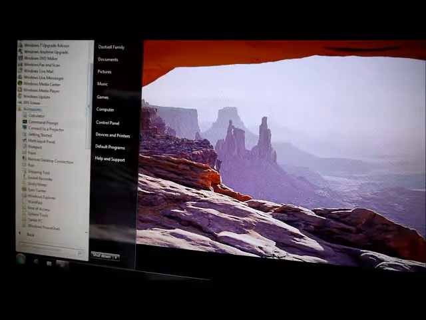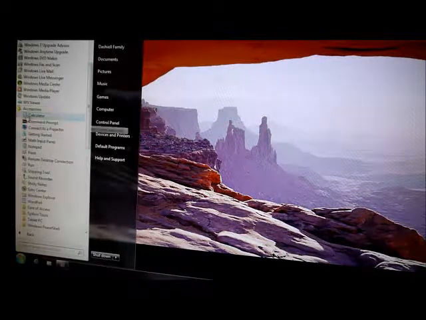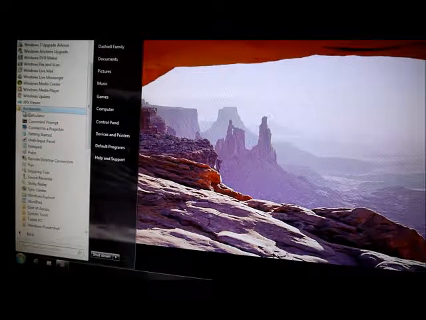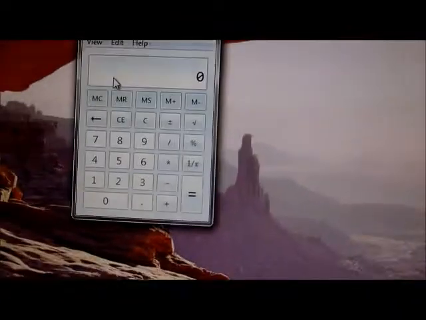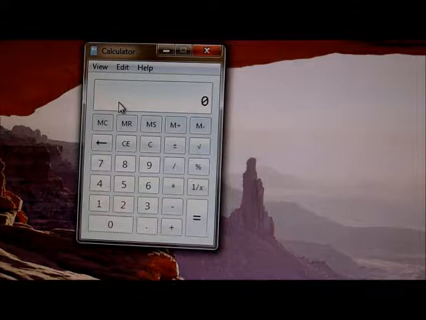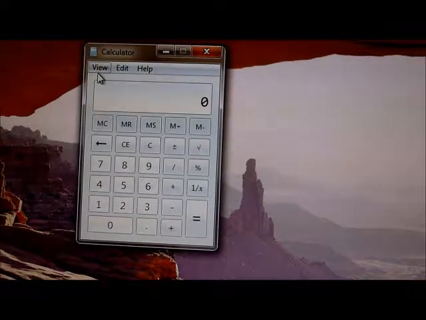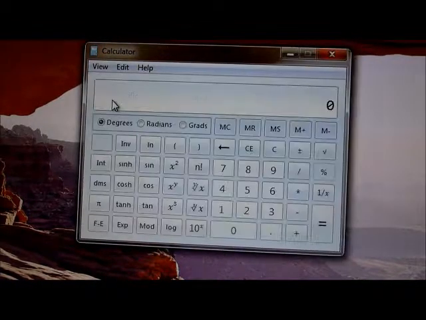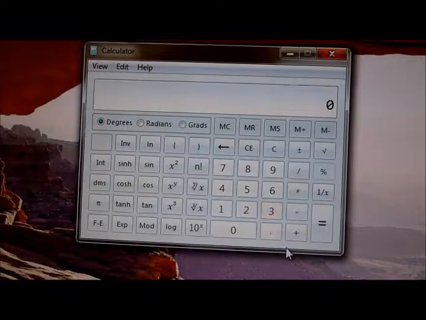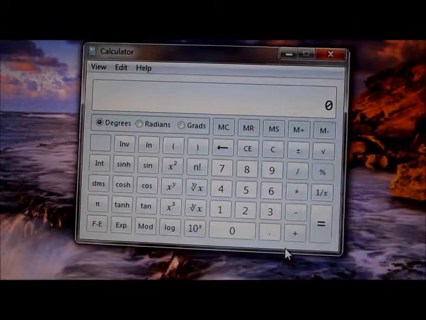Accessories. Okay, did you see where I found it under Accessories here? And then Calculator. All that means is you can change the view and pick Scientific. All right, and now we have everything you need for scientific to do these problems.